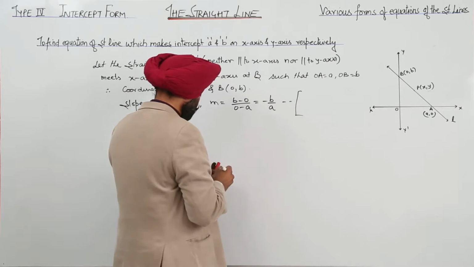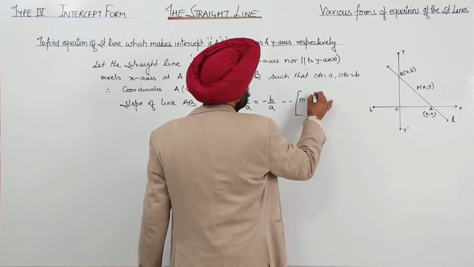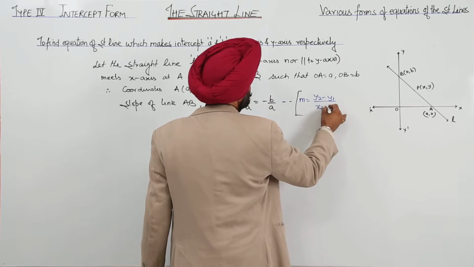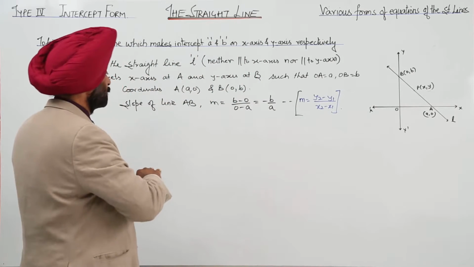Here m is equal to (y2 minus y1) upon (x2 minus x1).